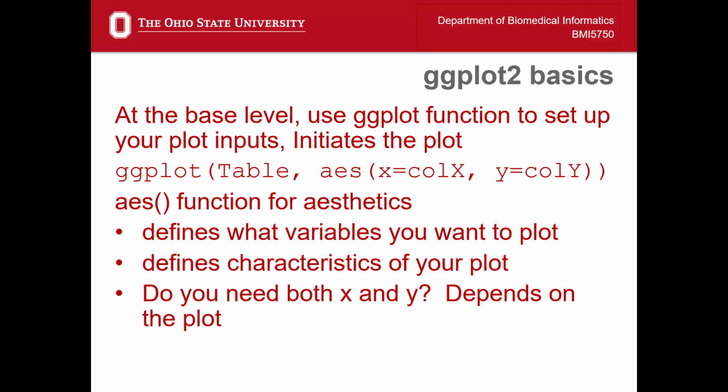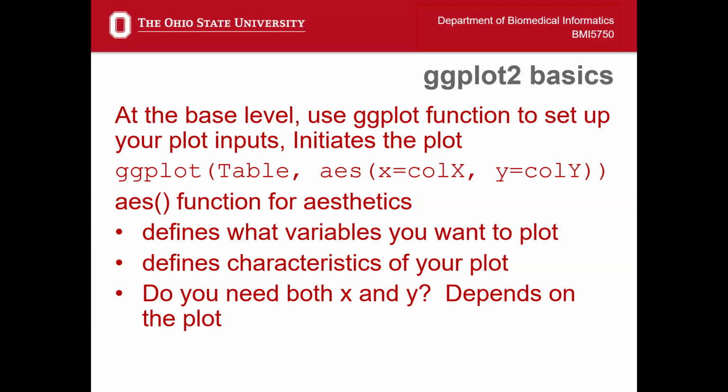ggplot2 has a basic level. At the base level, you use the ggplot function to set up your table. You initiate your plot, telling ggplot2 what data frame you intend to use, and then what aesthetics you want to use. At the most basic form, you'll probably tell it what is your x-axis variable.